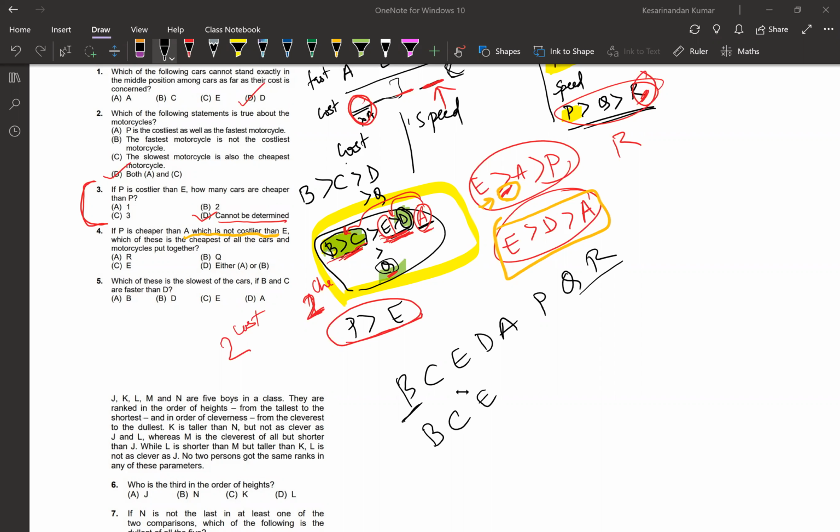Please type in the chat box what is the order you guys think. What can be the order? Or if there are two possible orders, that is fine too.